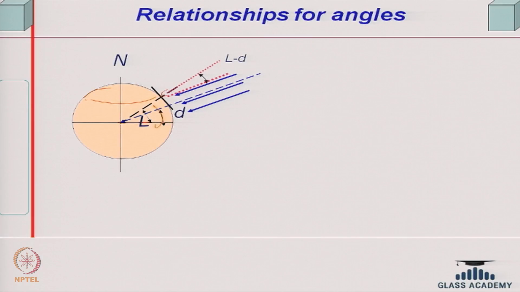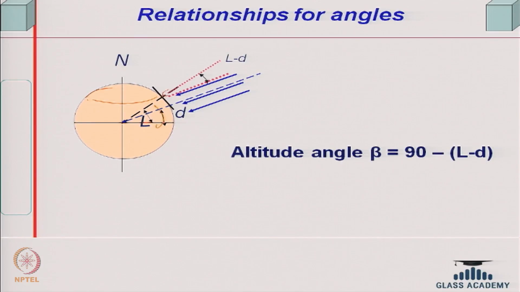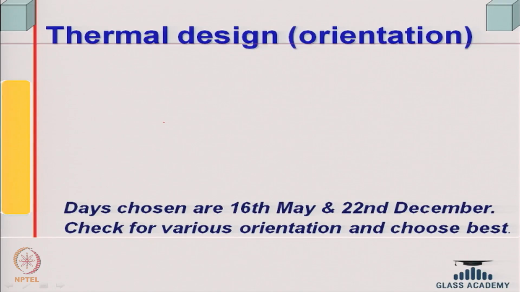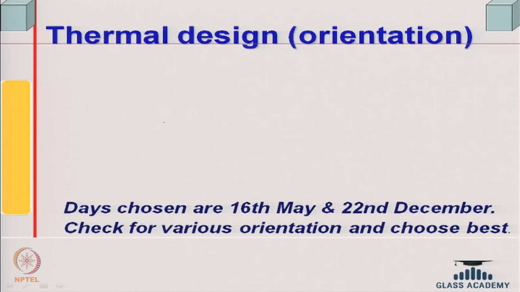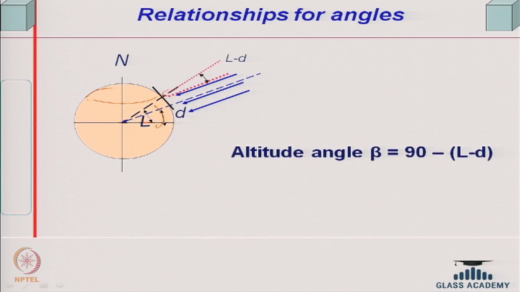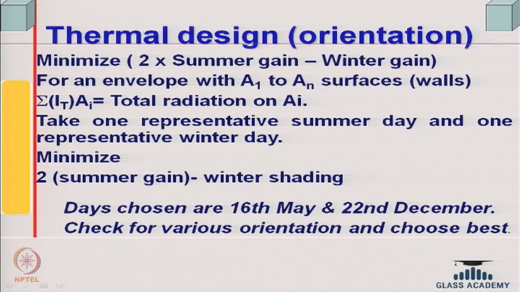Now, one can actually find out the angles and calculations and formulae, which I am not interested in at the moment, right. So, when you do thermal design, this radiation calculation becomes important, and one can do that. Now, in order to find out the best orientation, a simple method has been given in SP 41.